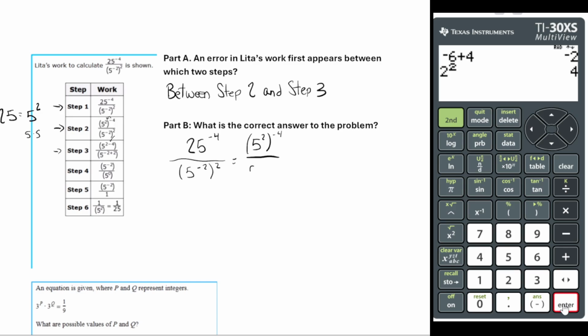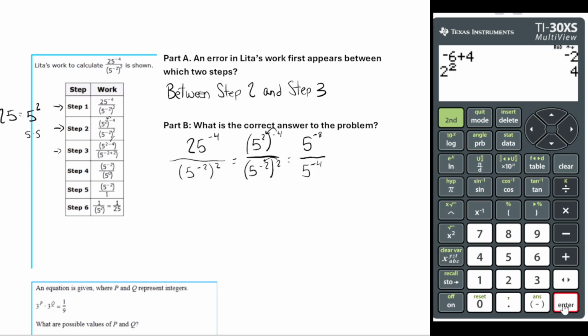Over 5 to the negative second to the second. Now we have to do our distribution. We're going to do our distribution in the top first. 2 times negative 4 would give us 5 to the negative 8 over our distribution on the bottom. Negative 2 times 2 would be 5 to the negative 4. Okay.